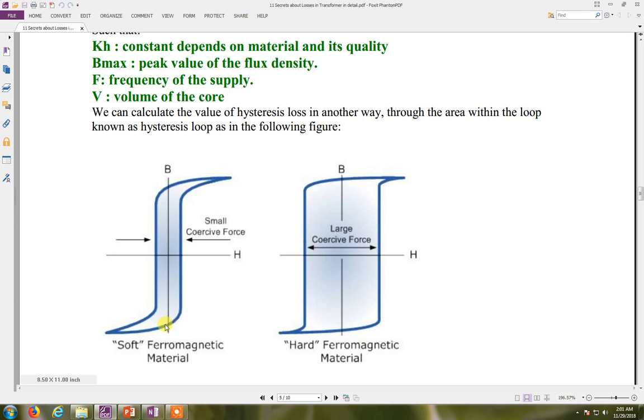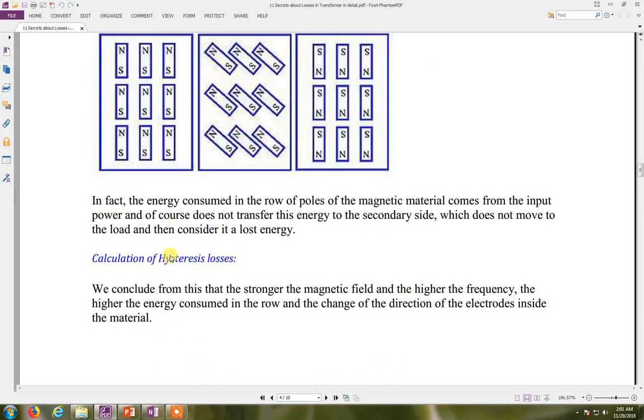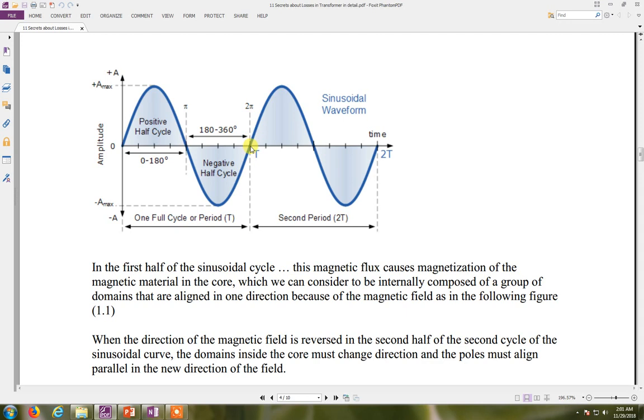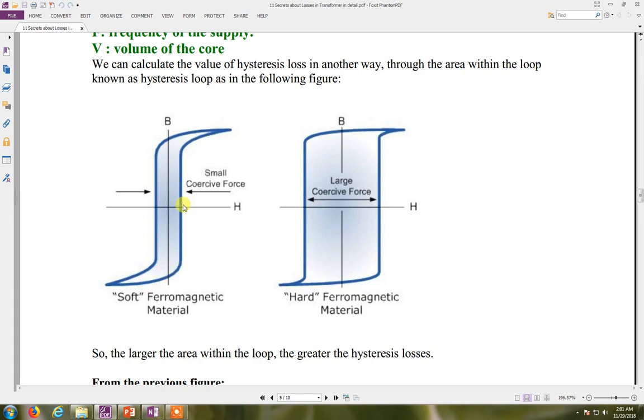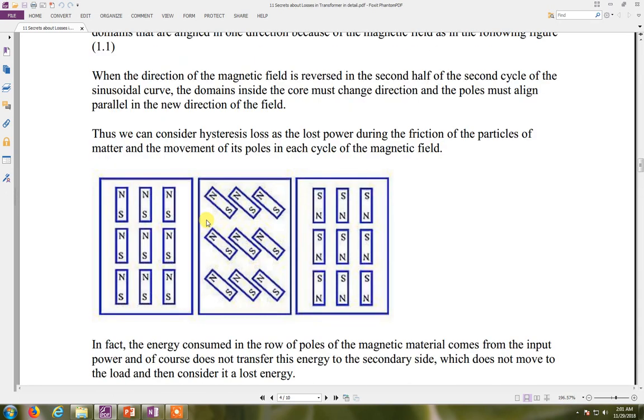So when the current is 0, there is some value of flux remaining; it does not become 0 with the current 0. To make the flux density 0, we have to apply this amount of current again in the other direction. After this amount of current, the cycle repeats again and again.